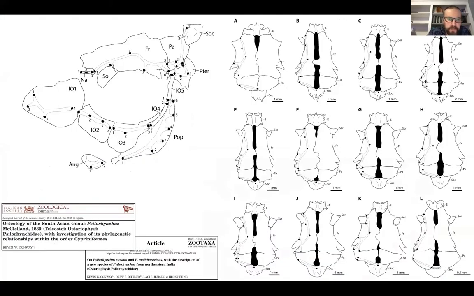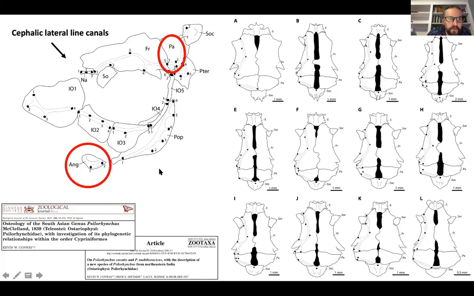But anyway, back to Cyrenacus. By studying cleared and stained material, it's very easy to see the differences that exist in the skeleton between different species, if they exist, of course. And in Cyrenacus, I noticed a number of differences that were useful for taxonomic purposes, including variation in the cephalic lateral line canals.